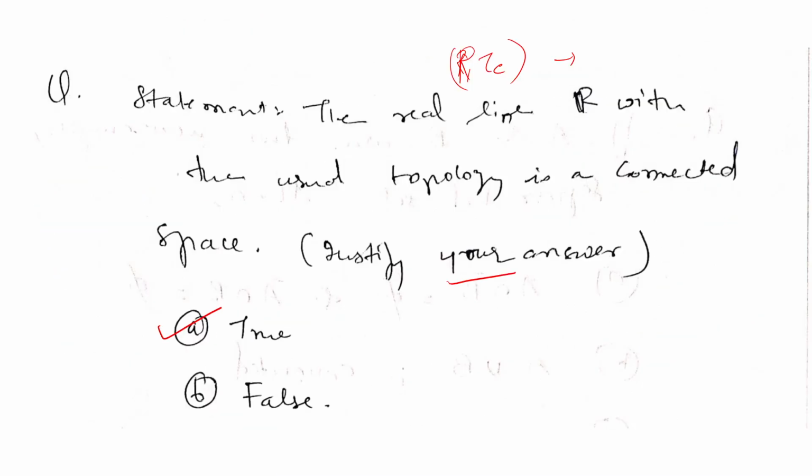So the next question is the statement that the real line R with the usual topology is a connected space. Justify it. Is it true or false?